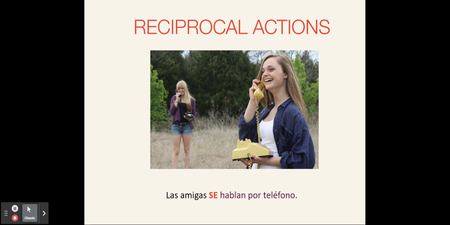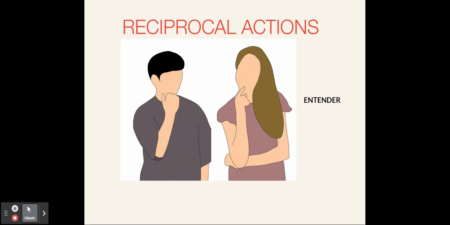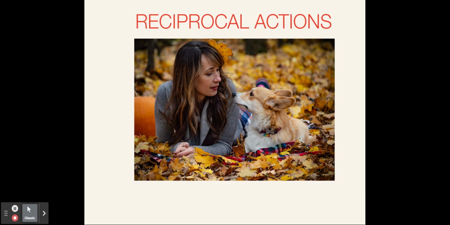Las amigas se hablan por teléfono. Y aquí, let's use entender. The classmates, roommates understand each other or do not understand each other. Los compañeros no se entienden, no se entienden.